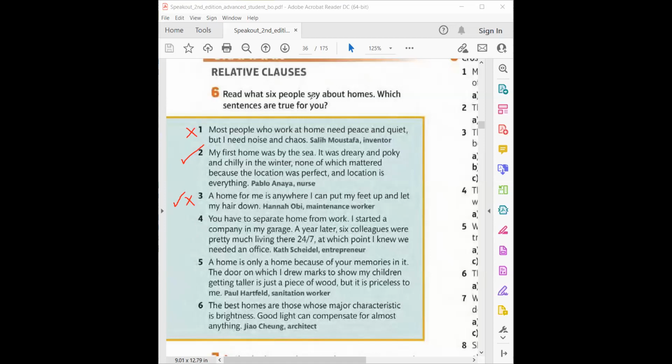Okay, so my turn next. Yes, your turn. You have to separate home from work. I started a company in my garage. A year later, 6 colleagues were pretty much living there 24/7. Wait, 24 hours, 7 days. At which point, I knew we needed an office. So that's really good. You should separate house from work.